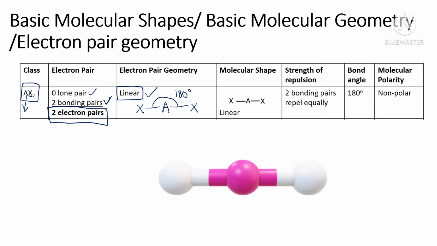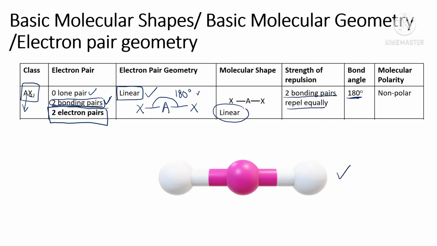This 180 degrees is the bond angle for a molecule of the AX2 class adopting linear electron pair geometry and having a linear molecular shape. Since both are bonding pairs, the 2 bonding pairs repel each other equally.